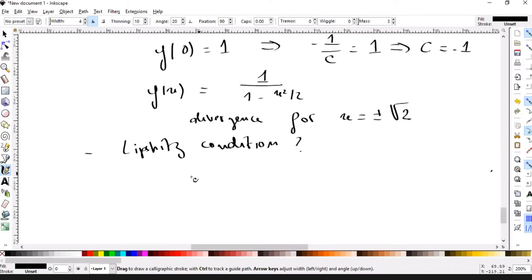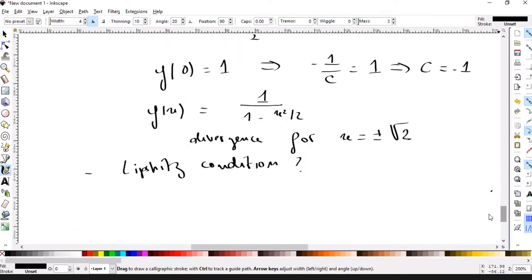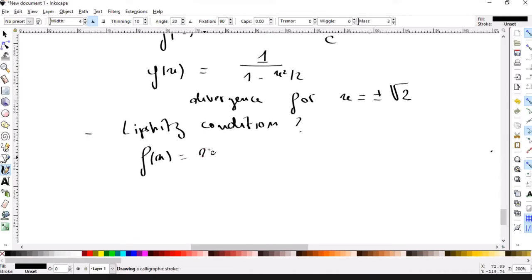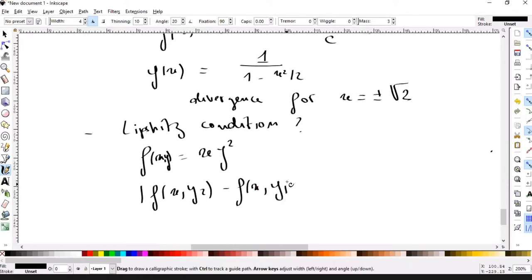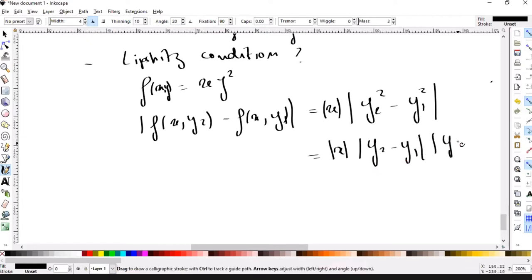So if I take f of x y, equal to x y squared, then f of x y2 minus f of x y1 in absolute value is equal to absolute value of x times y2 squared minus y1 squared, and this is x times y2 minus y1 times y2 plus y1.